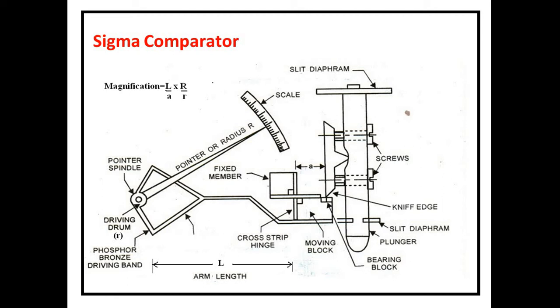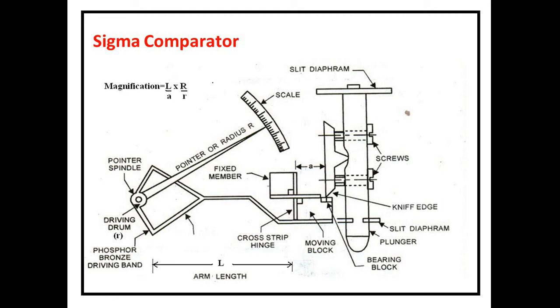Now this knife edge bears upon the face of the moving member of this cross strip hinge. If an external force is applied to the moving member, it pivots. This moving member is going to pivot about the line of intersection of the strips.